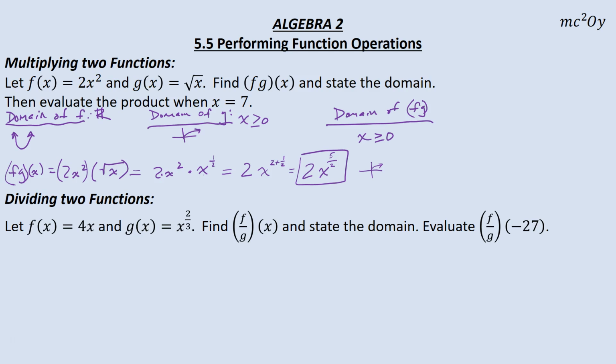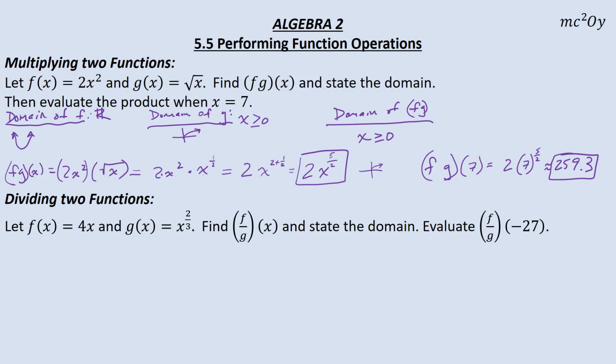What else? We've got to find fg of 7. That means 2 times 7 to the 5 halves power, which I'm going to use a calculator on. Let's round to the nearest tenth, so it's approximately 259.3.